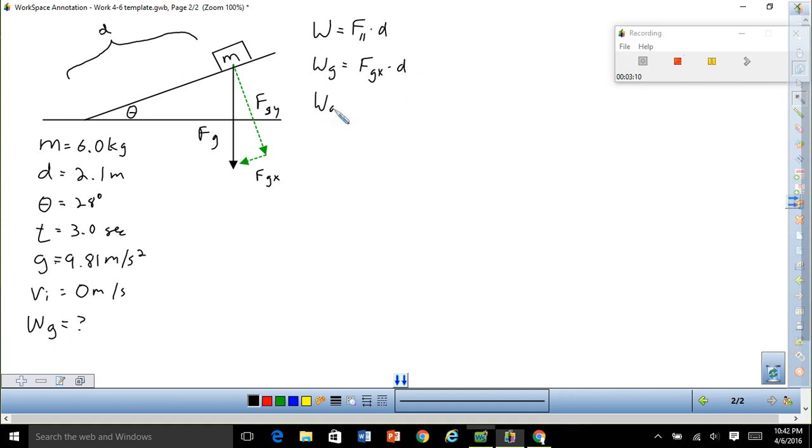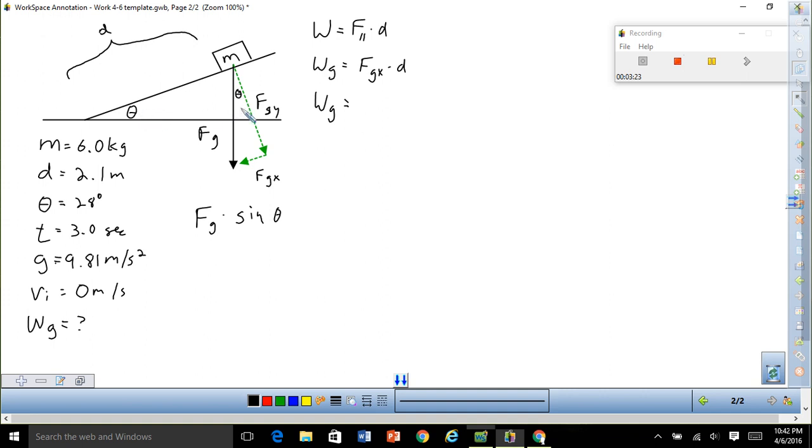Alright, so the work done by gravity then is equal to FGX. FGX, of course, is equal to FG times sine theta. Remember that through miracles of geometry, theta in this angle of this triangle is the same as this theta angle here.